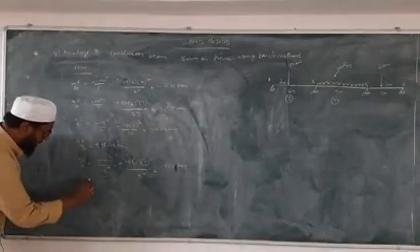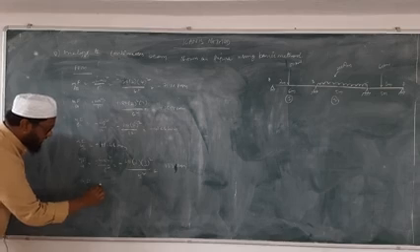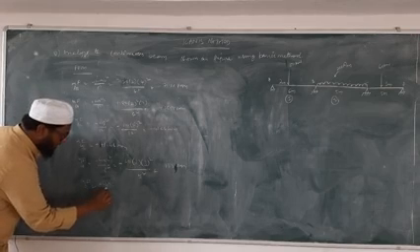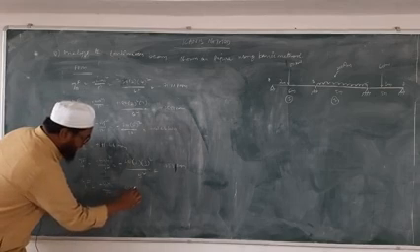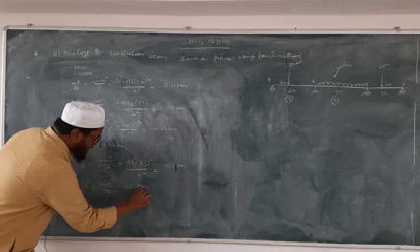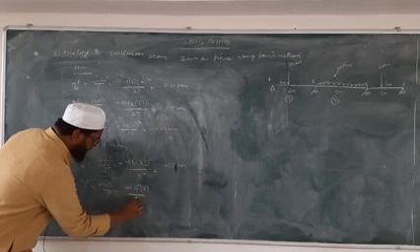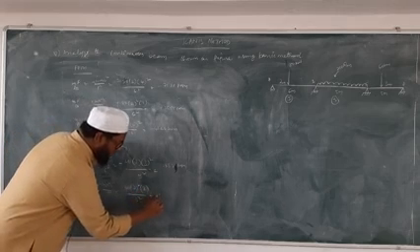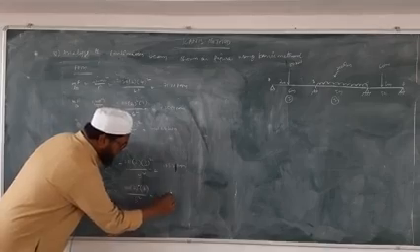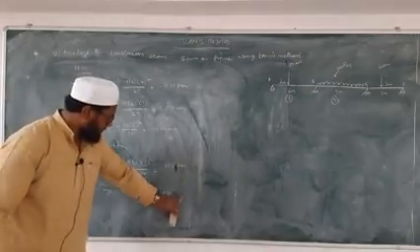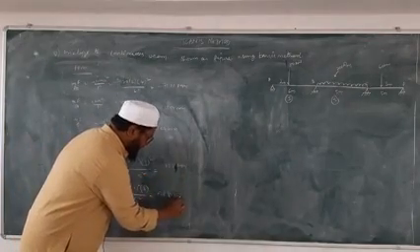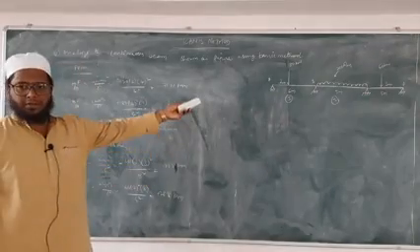MF DC is equal to plus W a square b by L square, which is 60 into 2 square into 5 square, giving 28.8 kilonewton meter.